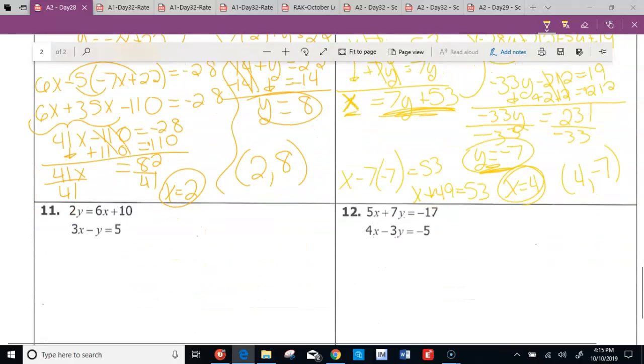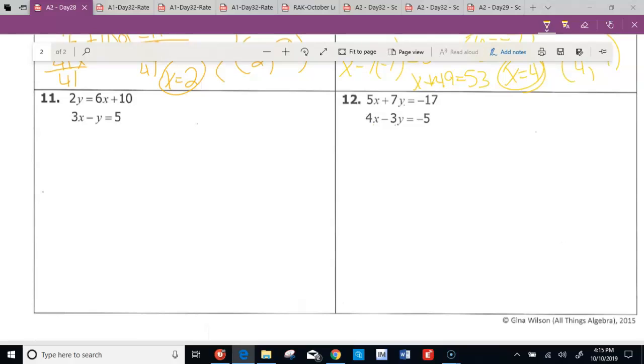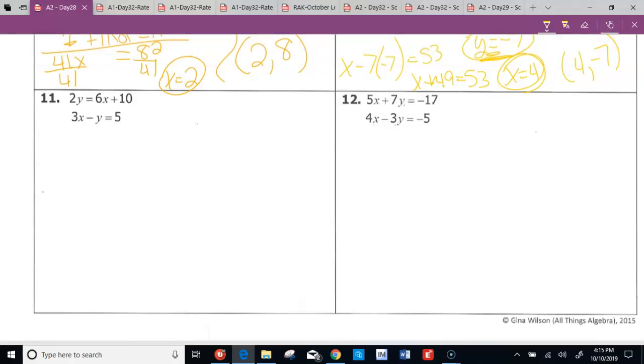The final example I'm going to do, because I did leave out number 12 for this week, is number 11. Number 11 is pretty straightforward. We get 2y equals 6x plus 10. This one has a little trick we can use. When you have an equation where all your coefficients, that's all the numbers, are divisible by a common number, you can simplify them to make them easier and smaller to use.